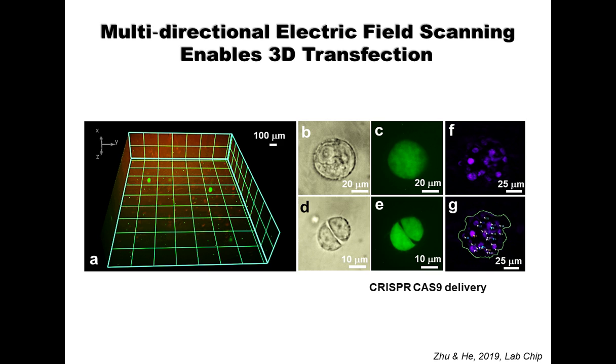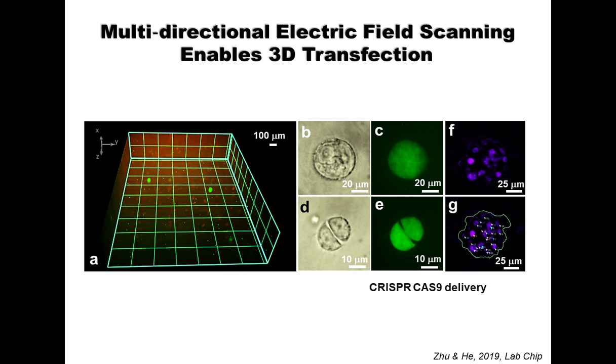And we also stain the nucleus, which is shown in figure 1F, a confocal image, and can count the cell numbers within the 3D cultured cell clusters, so we can see how many 3D cultured cells were transfected by the CRISPR-Cas9 plasmid, and we can know the transfection efficiency.